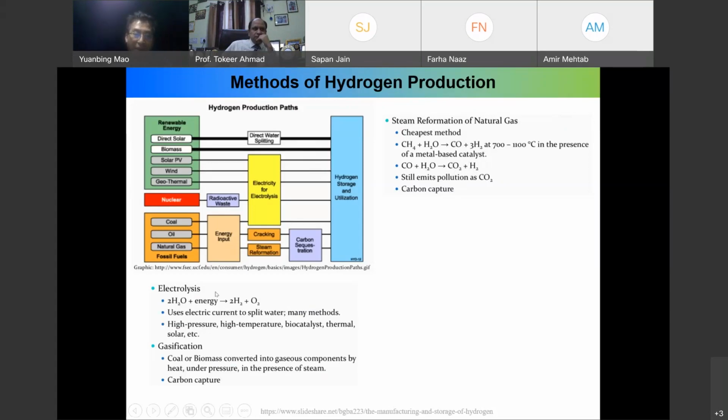Then the other process is called electrolysis. Basically, we electrolyze water into hydrogen and oxygen. The energy here is from electricity, and there are different ways to do that, as shown here, depending on where the electricity is generated. It can be from nuclear, it can be generated from coal.